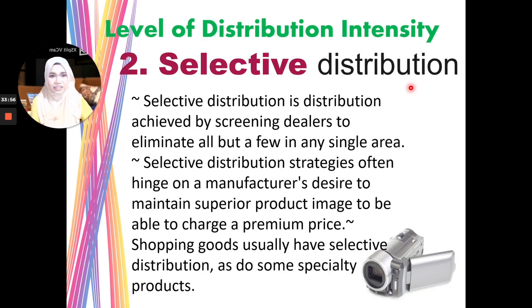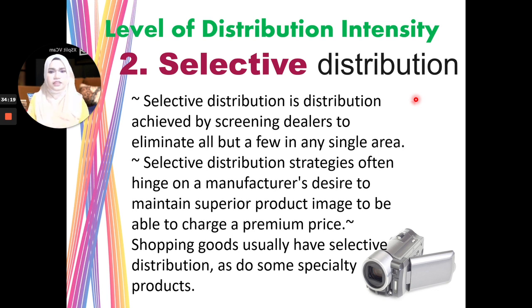Next, selective distribution. Selective distribution is achieved by screening dealers to eliminate all but a few in a single area. They purposely do not want to sell everywhere, but just want to choose perhaps one retailer, one distributor, one shop in one area.